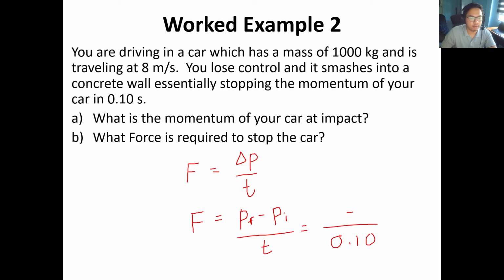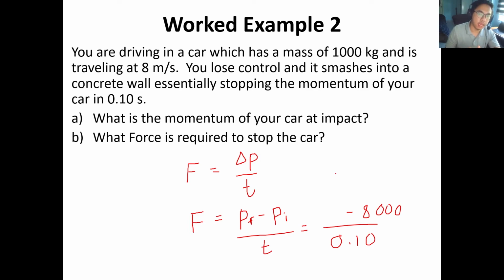What's the initial momentum? So the initial momentum is the momentum of the car just before it hits the concrete wall, and that is the momentum that we calculated in question A, which is 8,000. But what's the final momentum of the car? So after the car hits the wall, it then goes to a full stop.